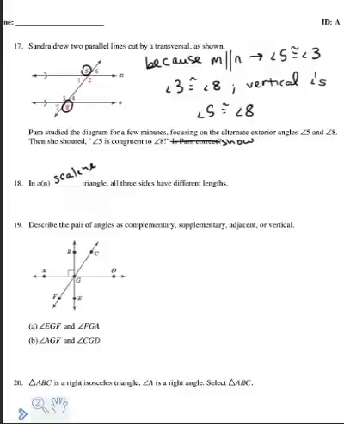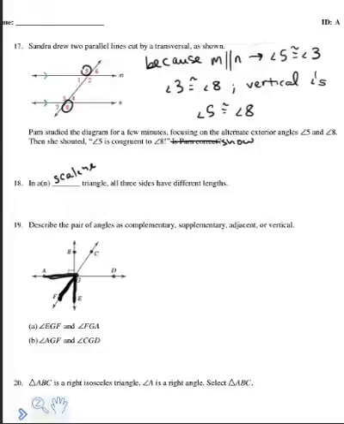Okay, number 19. Complementary, supplementary, adjacent, or vertical. So EGF and FGA.